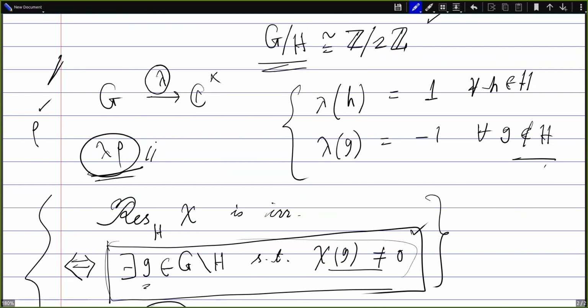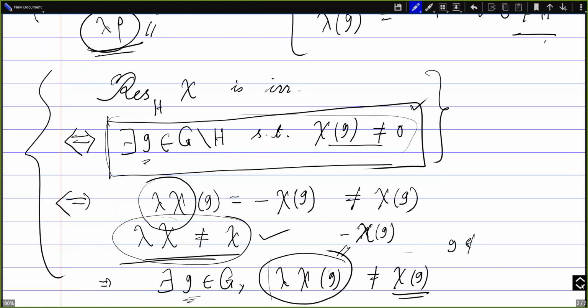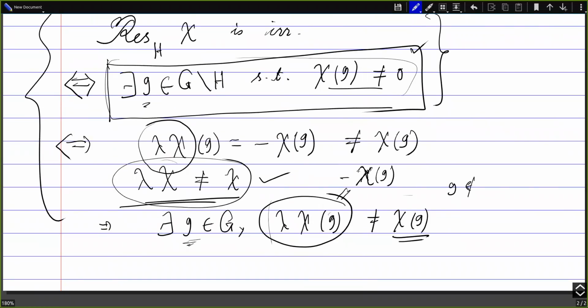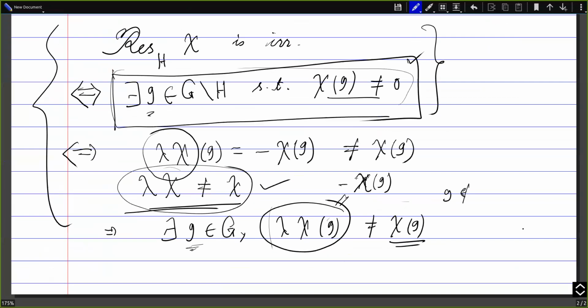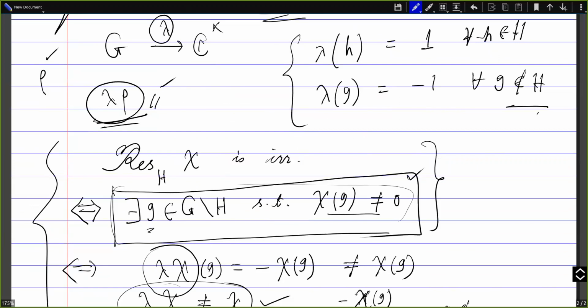So these are two distinct irreducible representations of G with the same restriction. If rho is irreducible, then lambda rho is irreducible as well, but their restrictions on H are equal. We want to know whether they are equal everywhere on G or not. That is answered by this equivalence.